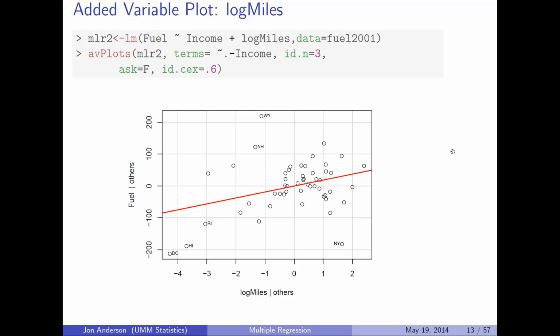And here is the picture of an added variable plot for adding log miles to a model that has already had income in it. Notice what we do up in R is we make a multiple regression model that explains fuel as an adding function of income and log miles, data frame fuel2001, and we use the avPlots command on this MLR2 model object.